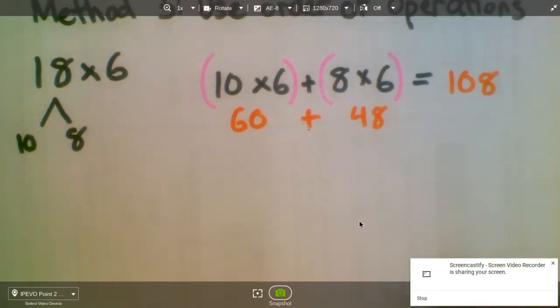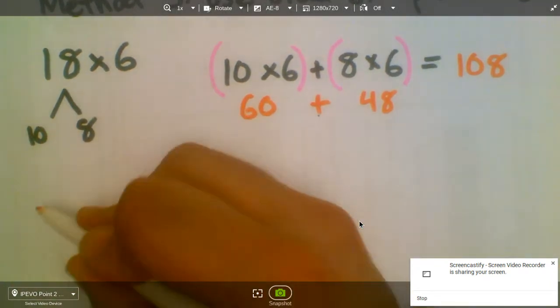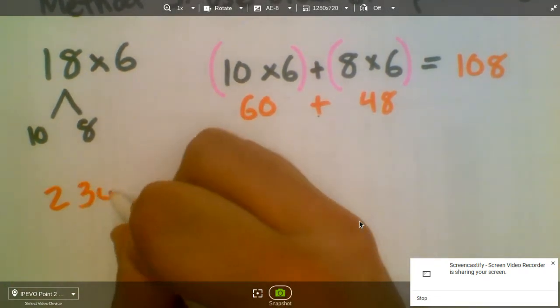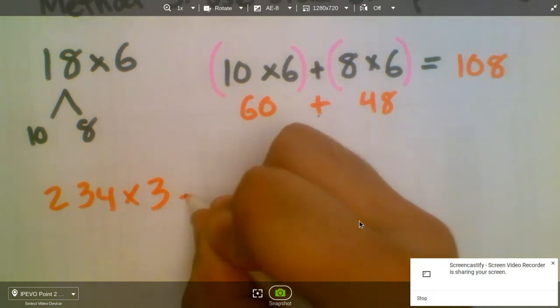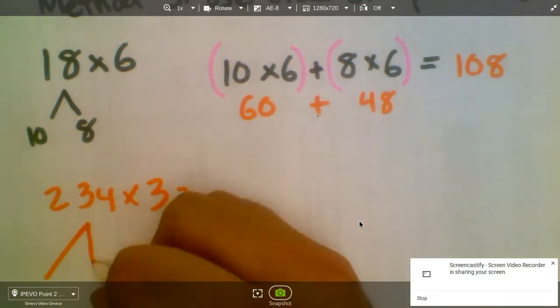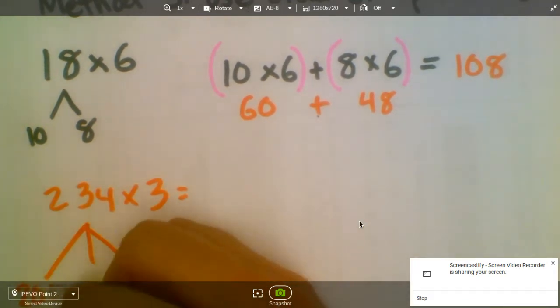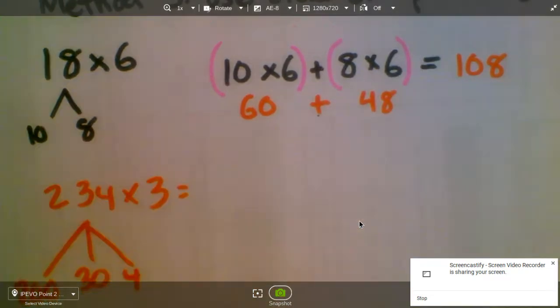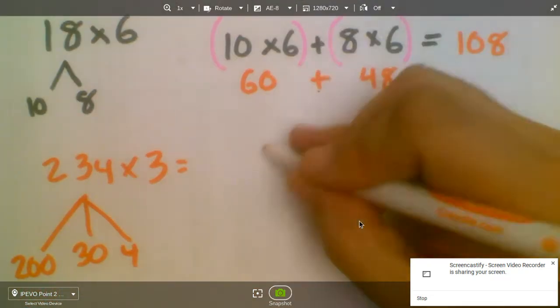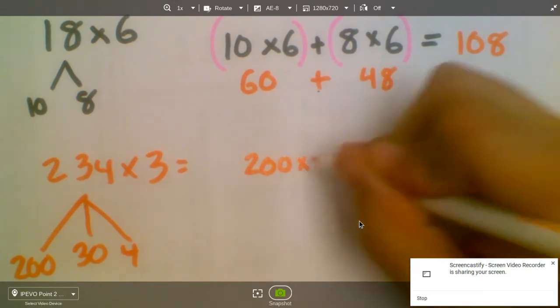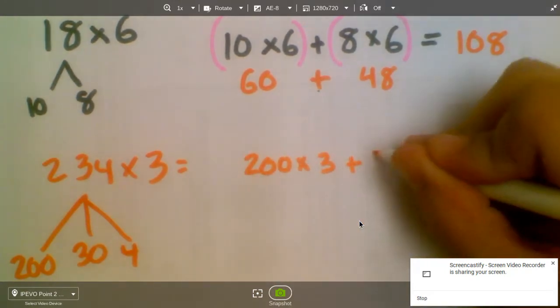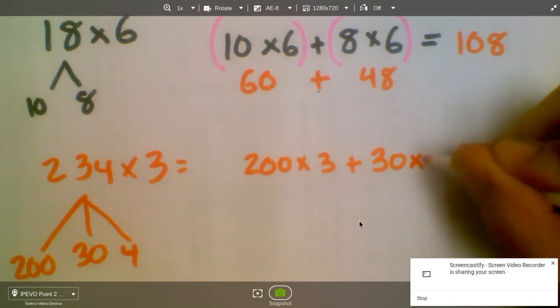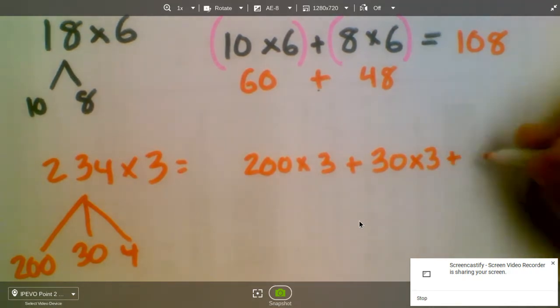I could do the same thing with the second problem that we did. It was 234 times 3. So again, I'm going to decompose it just as I did before. 200 plus 30 plus 4 times 3. So in this case, it'll be 200 times 3 plus 30 times 3 plus 4 times 3.